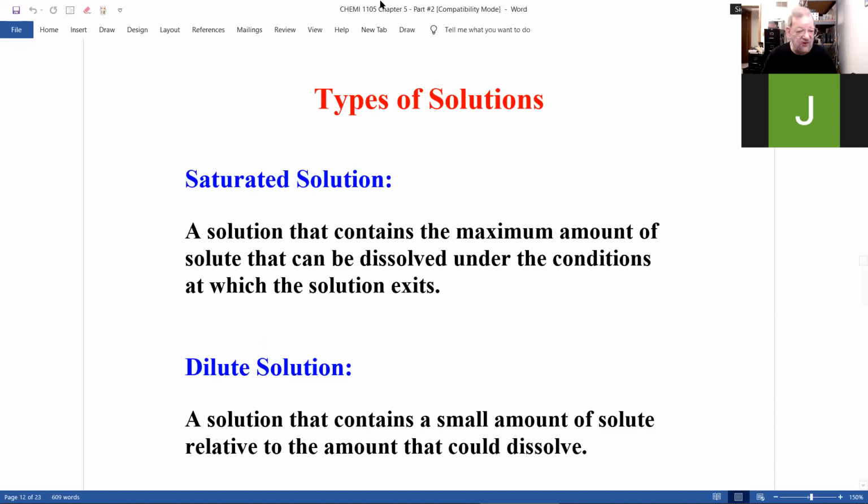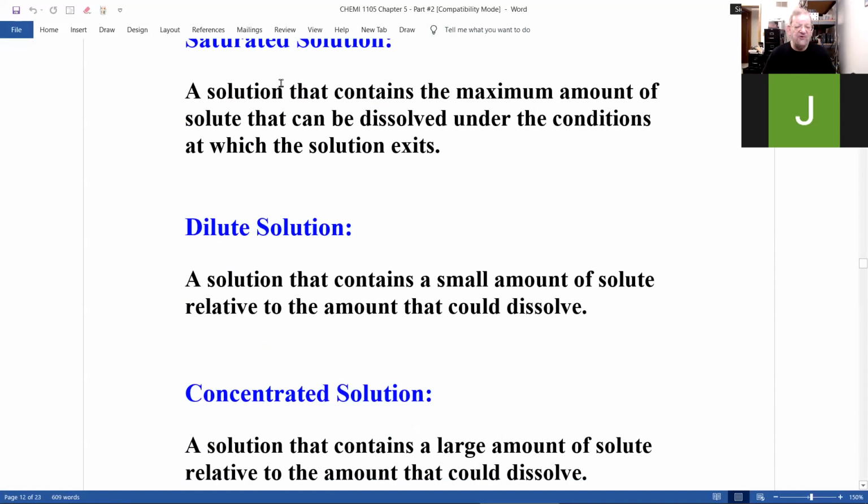Now, a dilute solution, you should know, is a solution that contains a small amount of solute relative to the amount that could dissolve. If you could put 100 grams in a certain amount of water, and you only put in 1 gram, that's quite a small amount compared to what you could. And we call that a dilute solution.